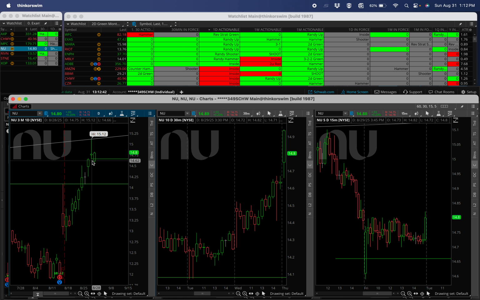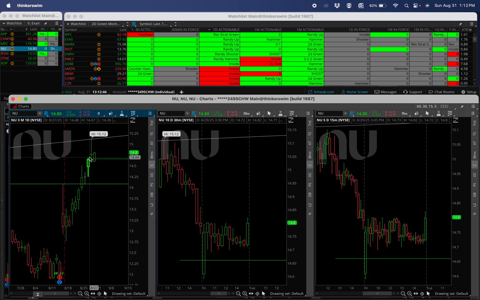As soon as this breaks the low of here and starts coming down into here, just get out. You've been long from either here or here. Lock in those gains. Get out. If it sets up again, like this daily's trying to come back 2 down and go 2 up green again, you can get long again. But if you've made a gain and the day goes 2 against you, just get out, protect your profit.